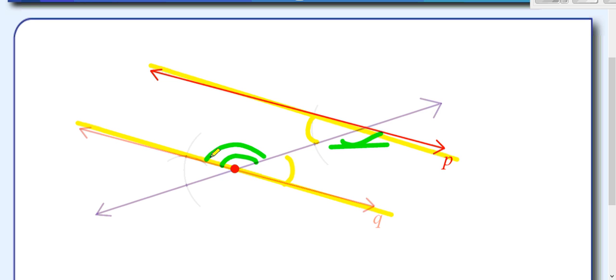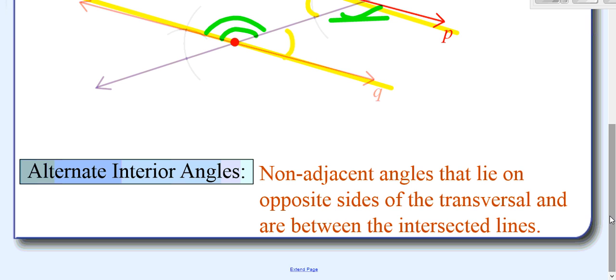You got one on each side. But they're both between the parallel lines. Those are alternate interior angles. They're not next to each other. They're non-adjacent. And they're on opposite sides of the transversal. And they are between the intersecting lines, or the intersected lines.